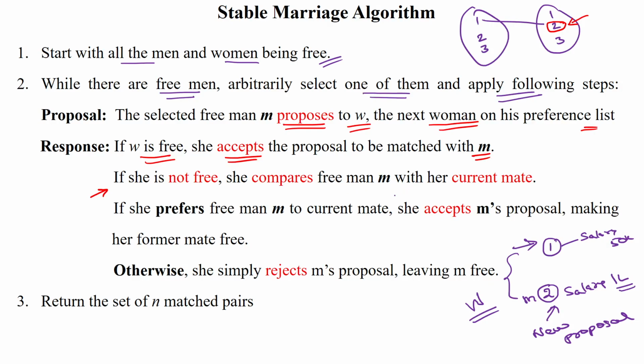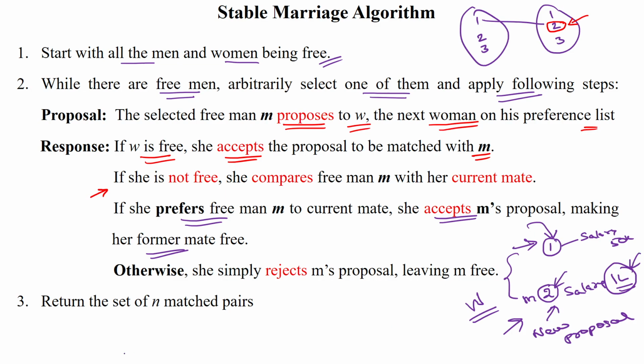Then if she prefers the new proposal based upon the salary, she will accept the second person. Then the first person will be freed. His proposal is rejected, and the second proposal is accepted based upon the comparison.